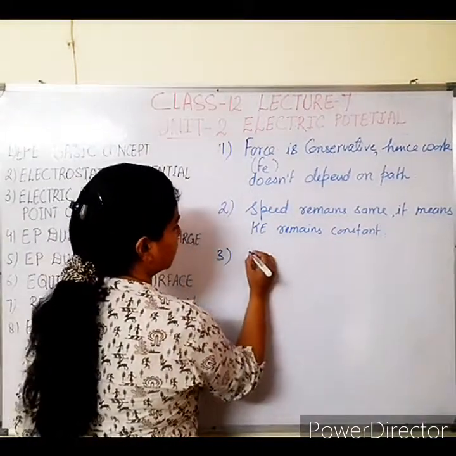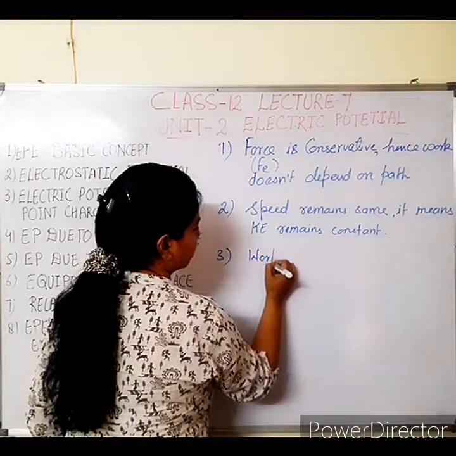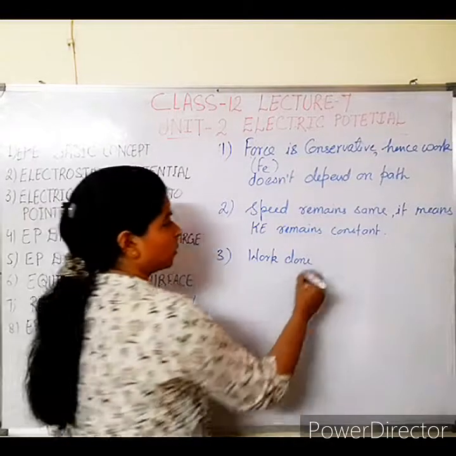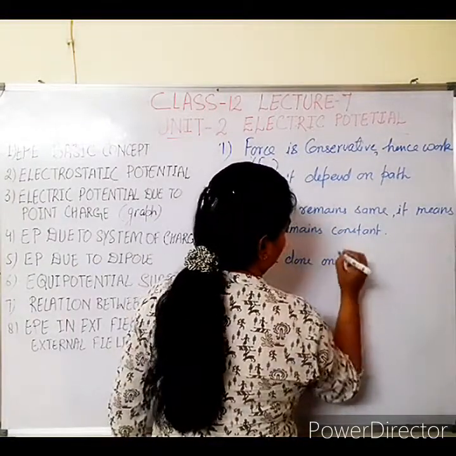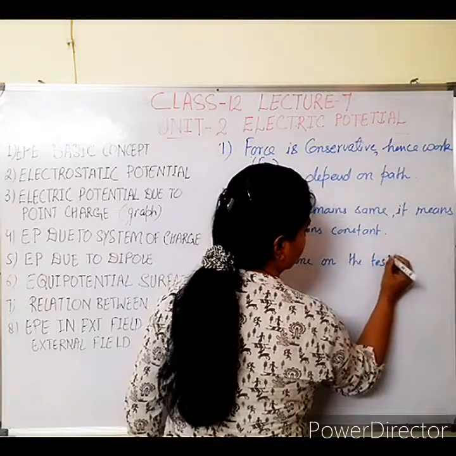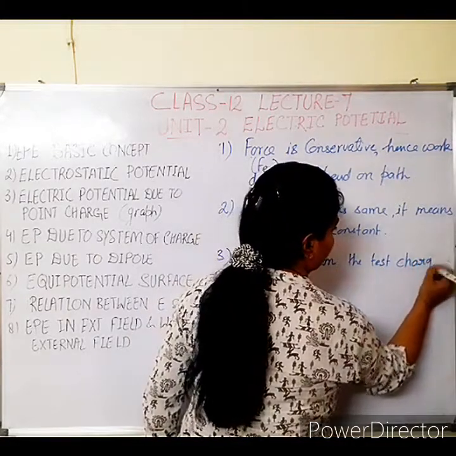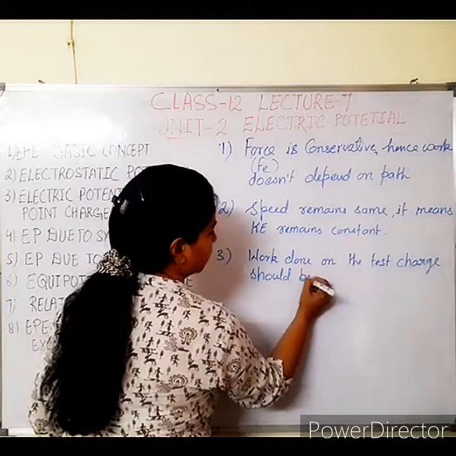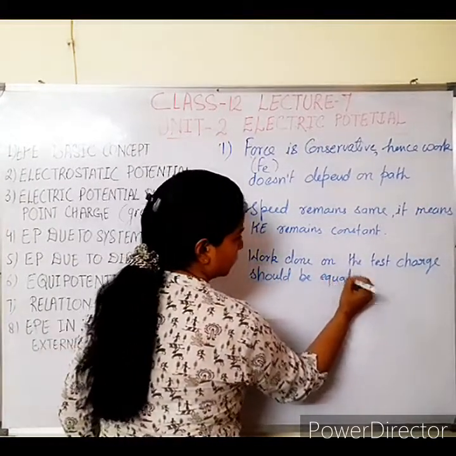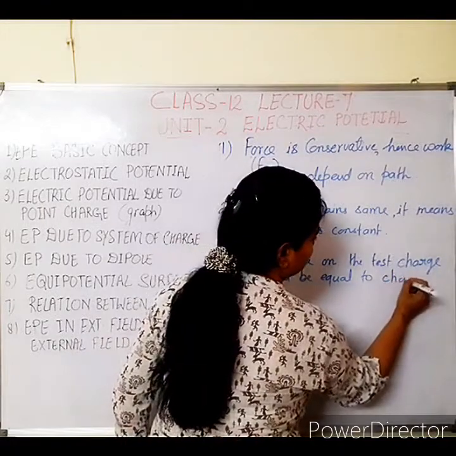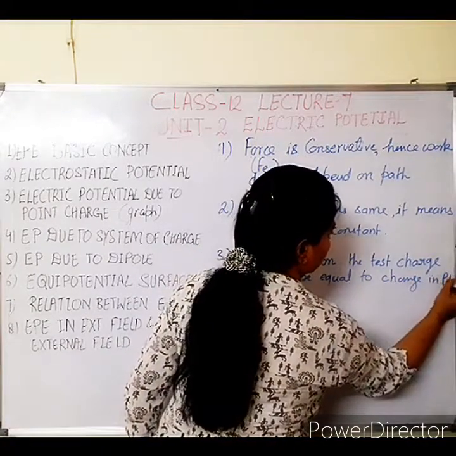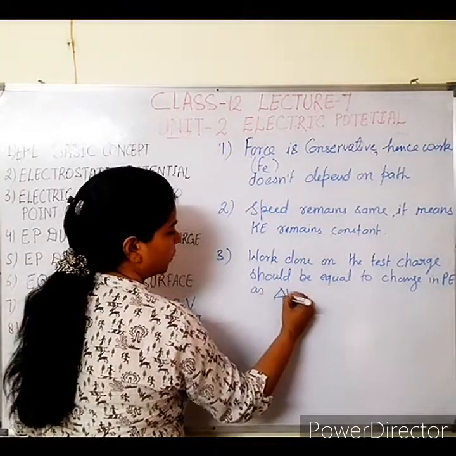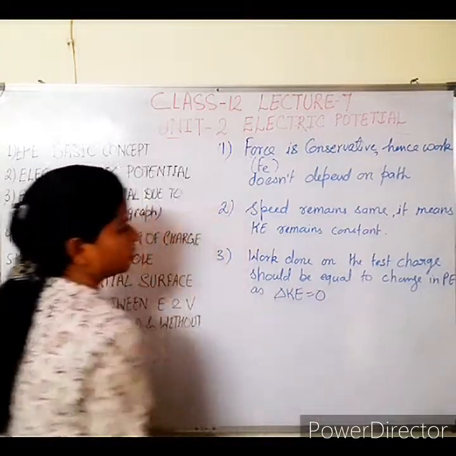And third point, the work done on the test charge body should be equal to the change in potential energy, as the change in kinetic energy should be equal to 0.